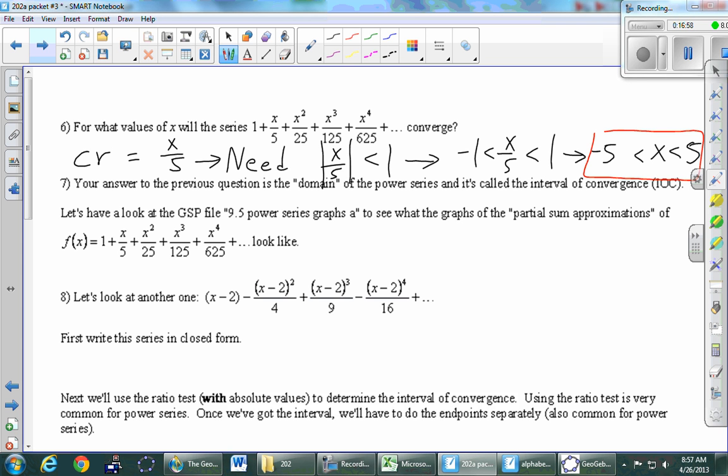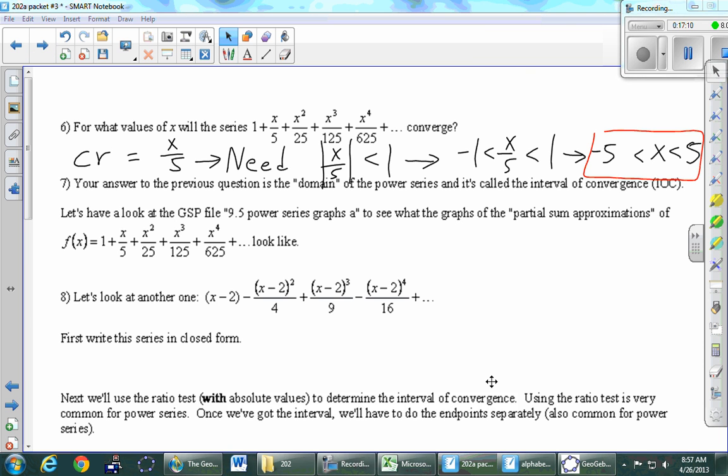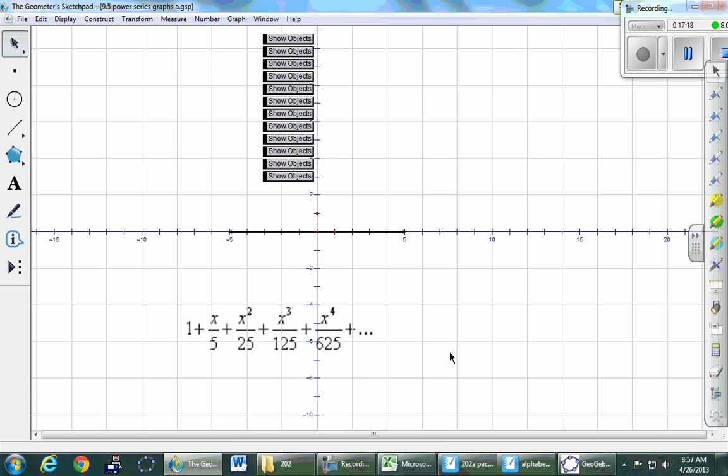Okay, let's go to number 7. So I made this graph in Sketchpad.